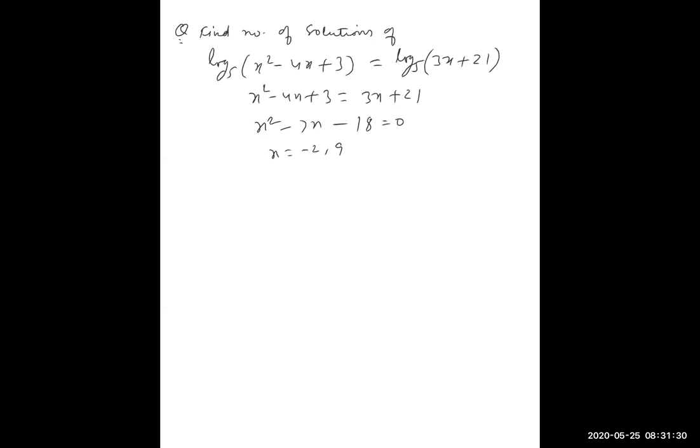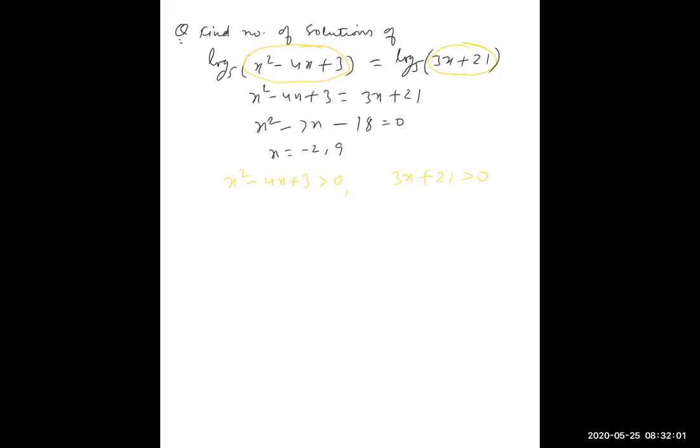But again, have you verified whether these solutions are possible or not? For that the condition is this. Logs are defined for positive numbers, so x square minus 4x plus 3 must be greater than 0 and 3x plus 21 must be greater than 0.